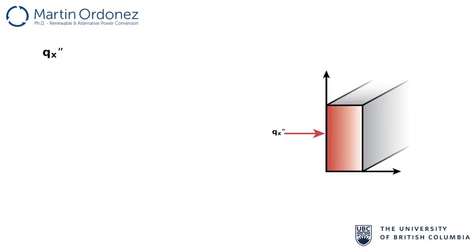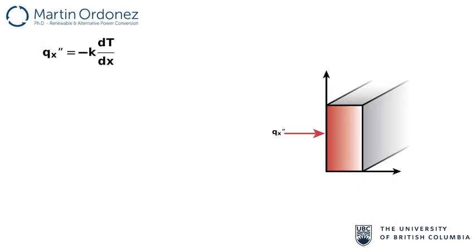Heat flux q_x double prime is equal to negative k times dT/dx, where the heat flux is directly related to the thermal conductivity, known as k, and the temperature difference versus x. The parameter k is a transport property known as the thermal conductivity and is a characteristic of the material.